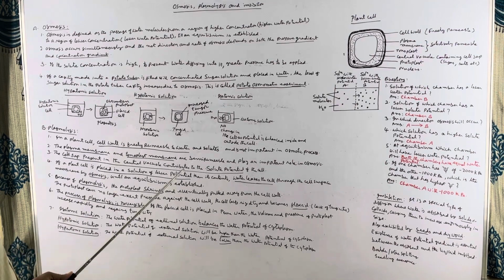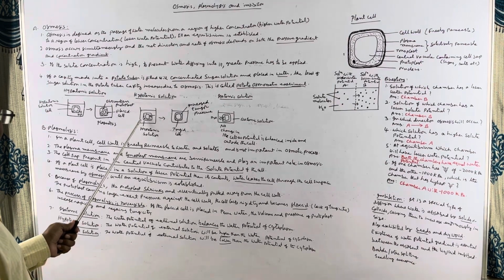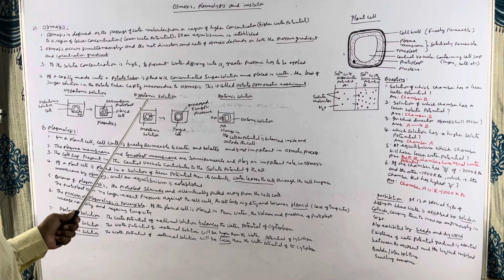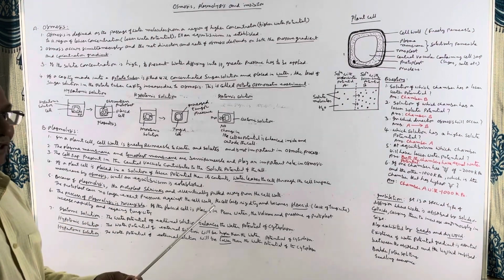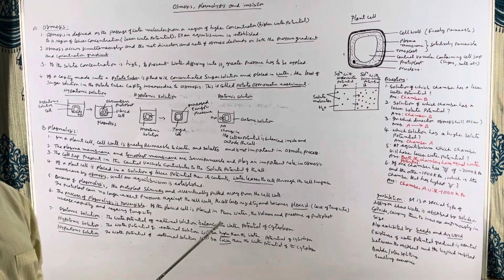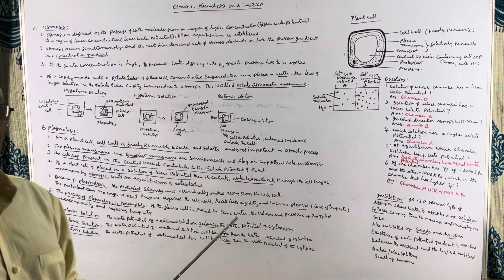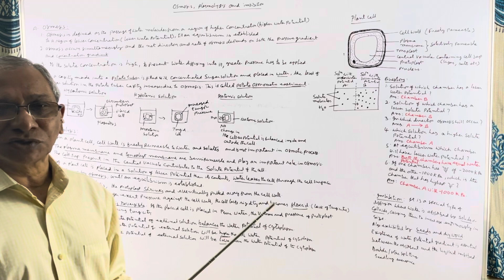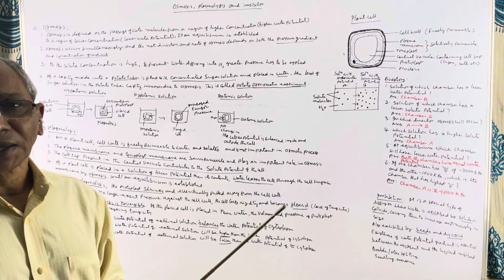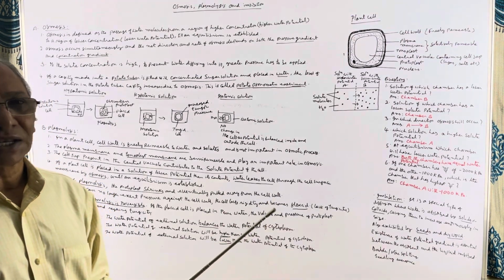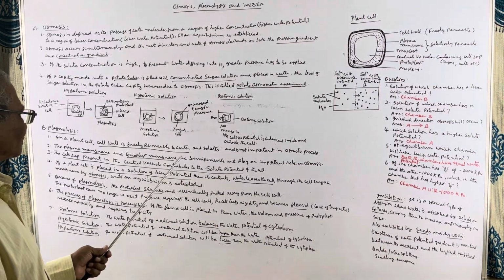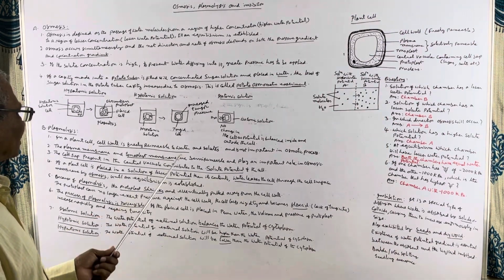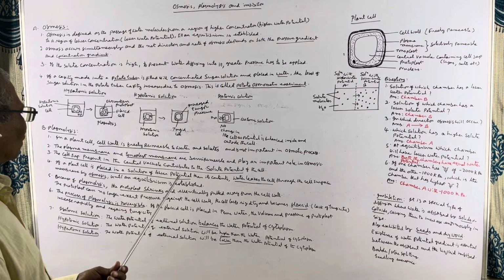Because of the difference in the water potential, water moves from outside into the cell. As a result, the turgor pressure inside the cell increases as more and more water diffuses from the hypotonic solution into the cell, and this happens till an equilibrium is established.